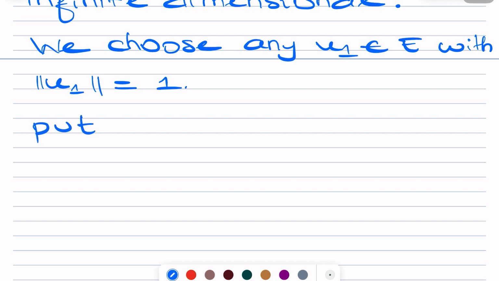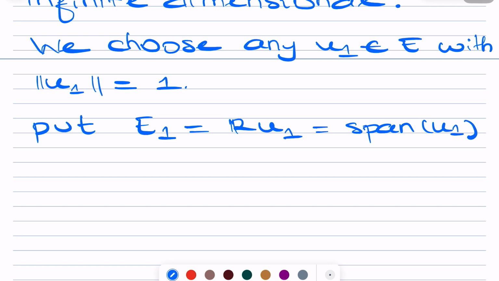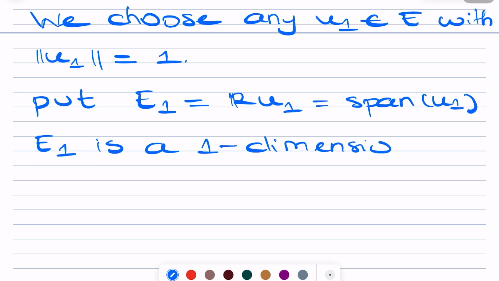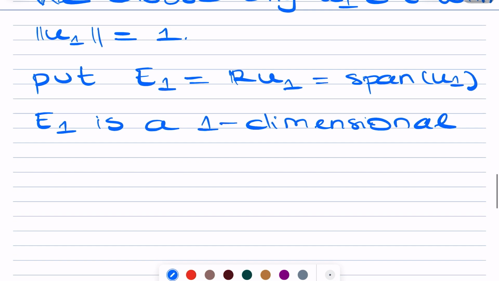So now put E1 to be the vector space spanned by u1. So this is basically the span of u1. E1 is obviously a one-dimensional proper subspace of E, right?